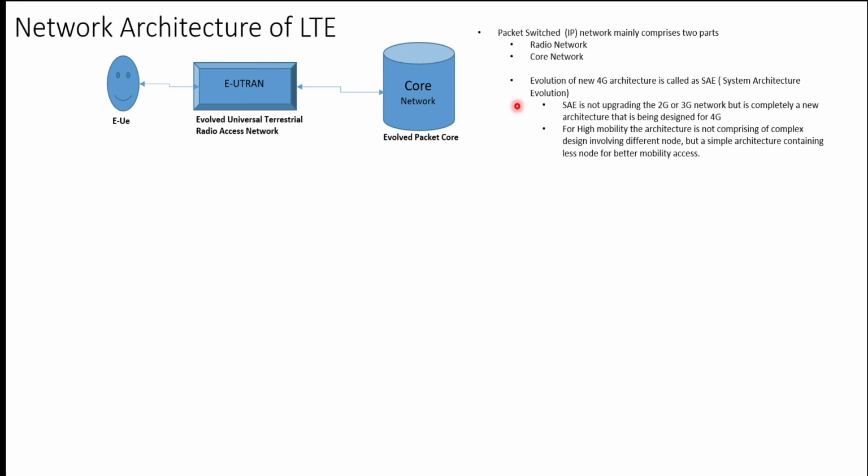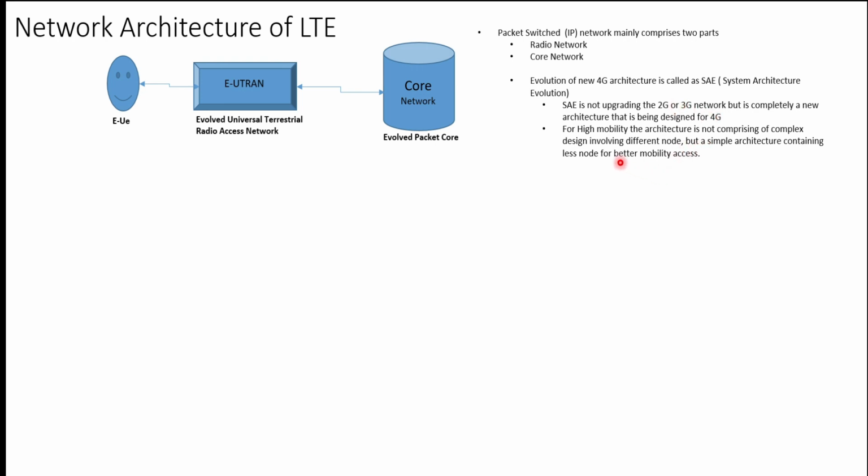SAE is not an upgrade of 2G or 3G, but a completely new architecture designed for 4G. Why? Because in the earlier 2G or 3G we have RAN, MSC, BTS, BSC, all those network elements. But in 4G, all those network elements are coupled into a simple network architecture.